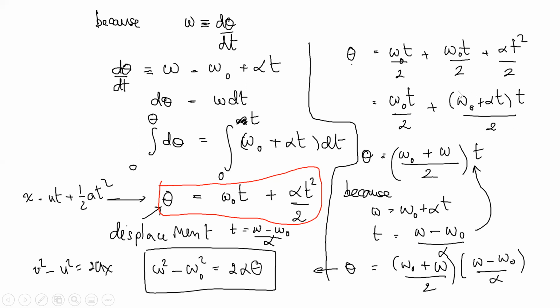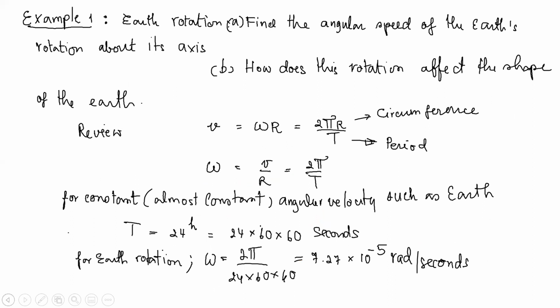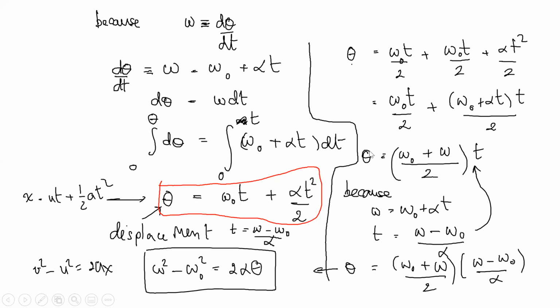And this is omega. So theta is omega 0 plus omega over 2 times t, and you end up with this equation. So we also have three equations, the same as constant acceleration, but this is constant angular acceleration.